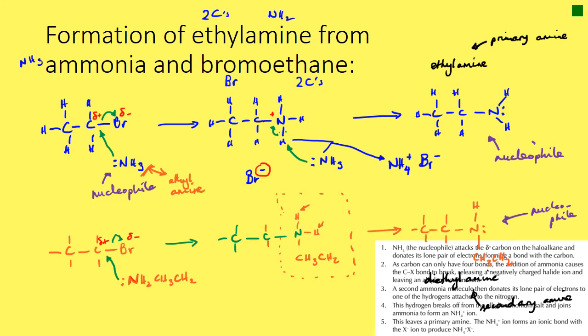We've got NH2 CH3 CH2, which is our ethylamine, but it still has its lone pair of electrons. So that's our ethylamine that we've produced in the first reaction, and that is attracted to this. And so then what we get should be in brown, really.